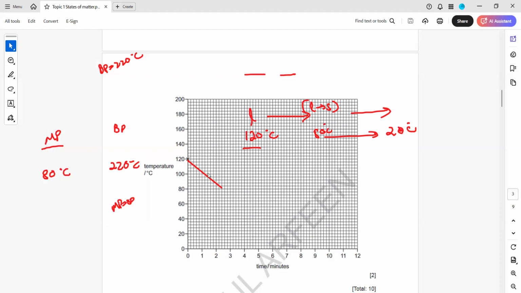Then at 80, it's changing state. So the liquid will turn into a solid. And then again, till what do we have to complete? 20, but how many minutes are there in the question? 8 minutes. So I have to reach 8 minutes.